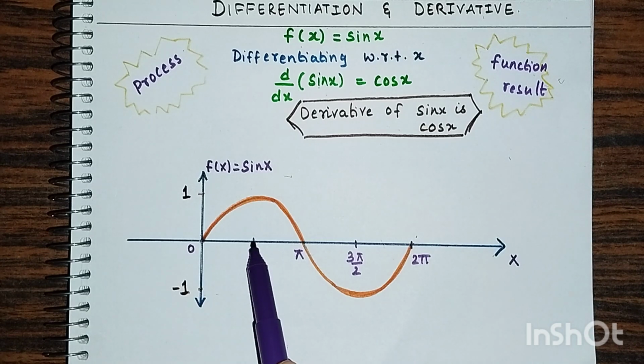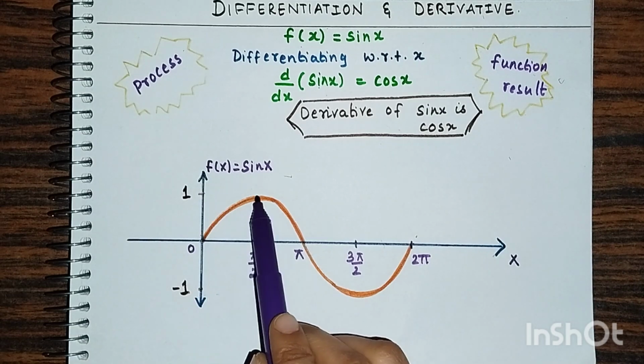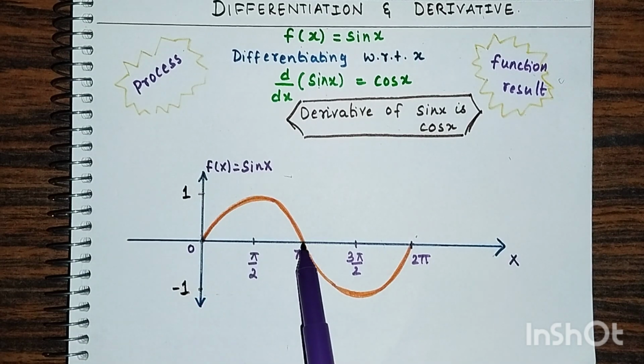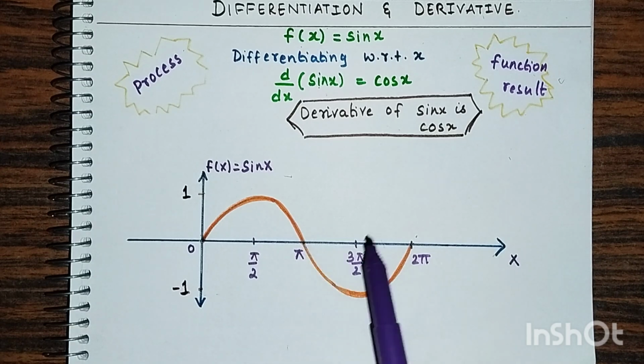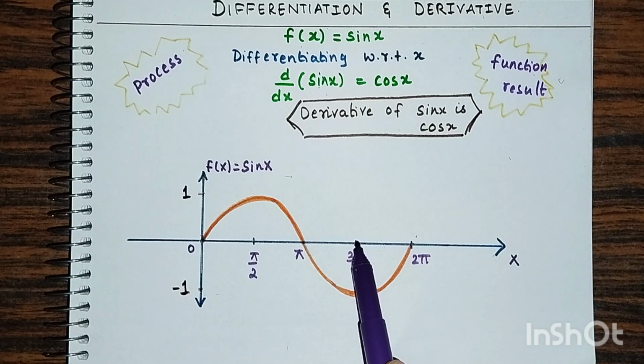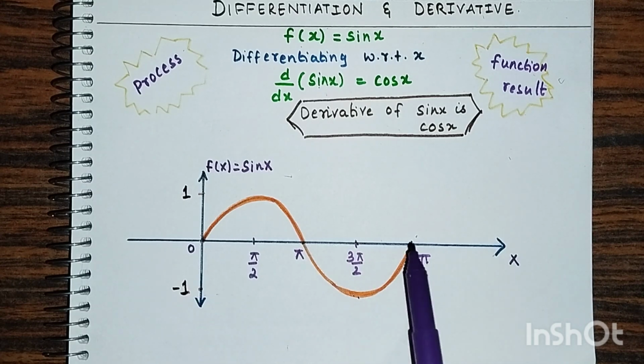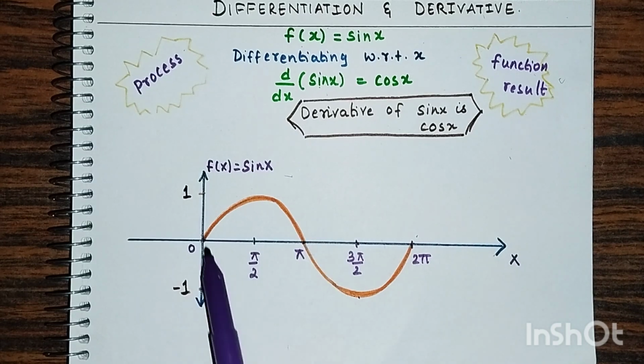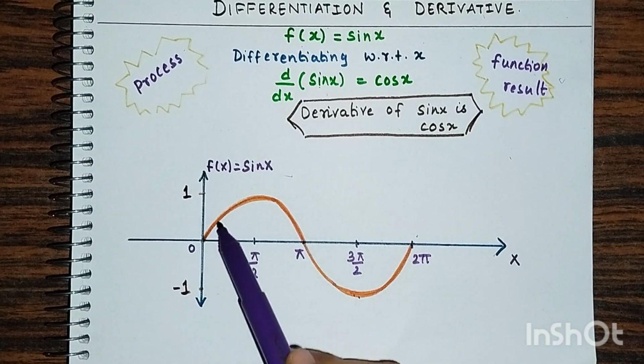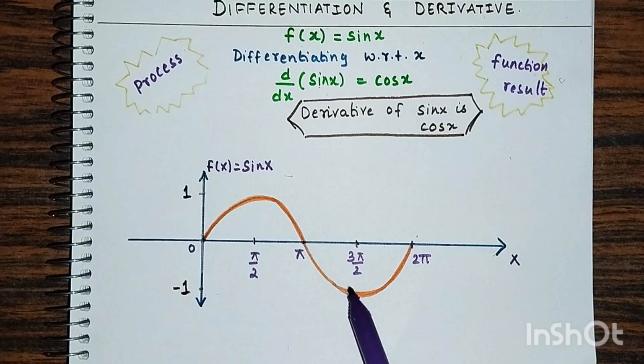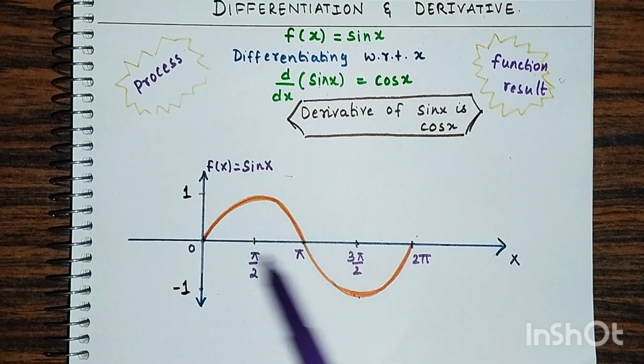When the input is 90 degrees, sin pi by 2 will be 1. If the input is pi, sin pi is 0. So that's why we have drawn here. Then sin 3 pi by 2, sin 270 degrees, is minus 1, and sin 2 pi is 0. So in between, for all the angles we'll get infinitely many points here, and we have connected them, and we have got this smooth curve.